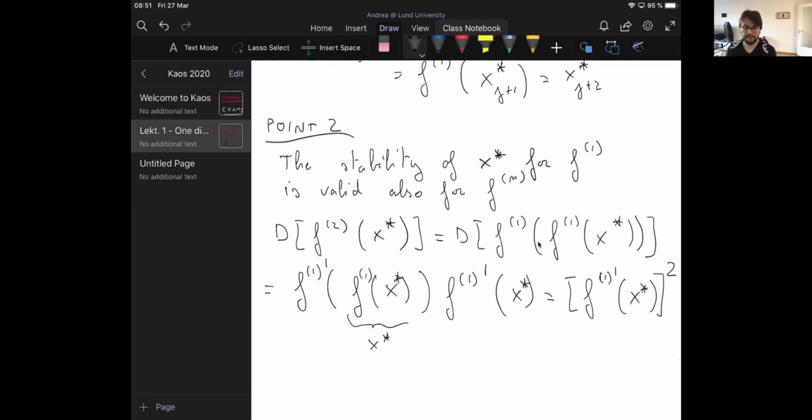However, if you have alternating behavior for the first return map, sometimes you have to look also on my screen, I'm doing the thing, I hope you see me.